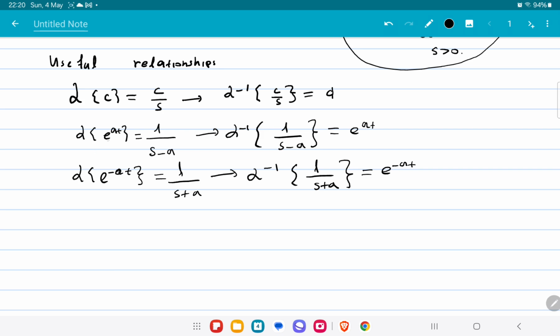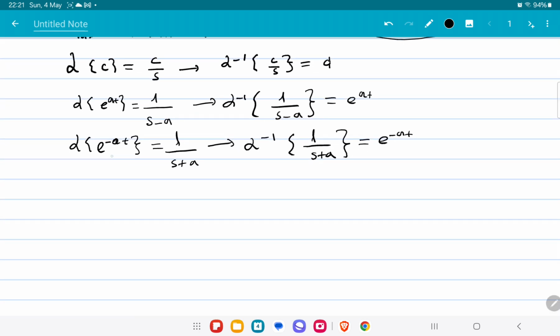If we take the Laplace transform of the exponential e to the power of a times t, where you have a scaling, this is 1 over s minus a. And if you want to go backwards, you take the inverse Laplace transform of this quantity and you get your function of time back.